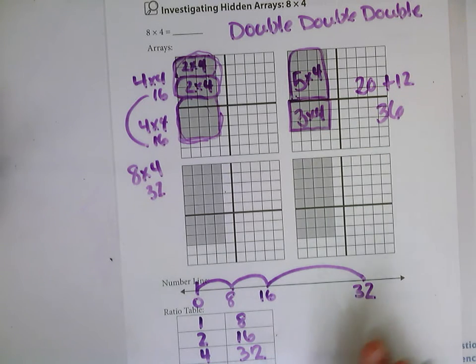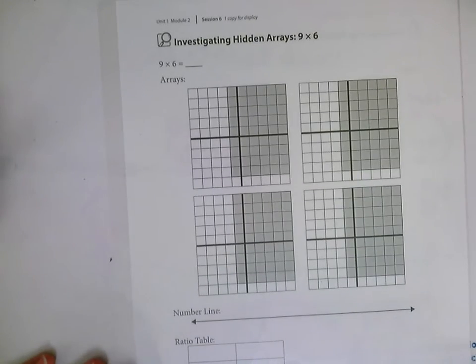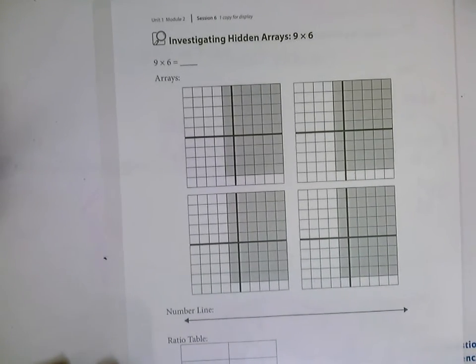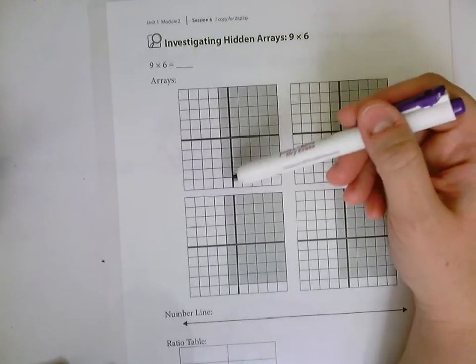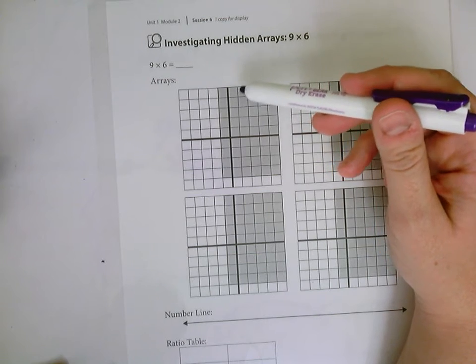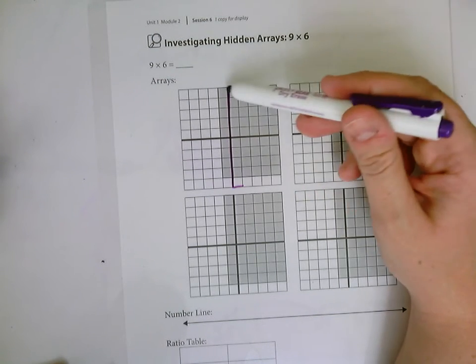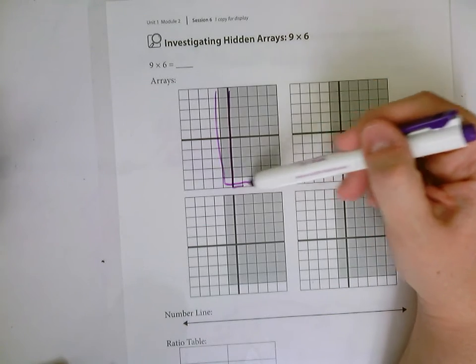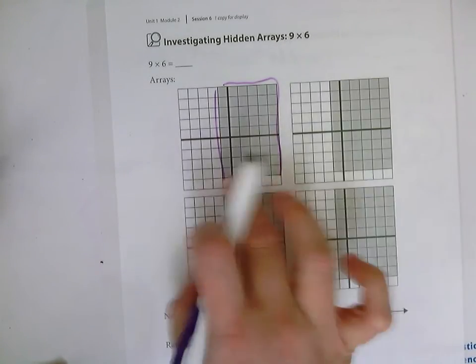All right, let's take a look at a strategy for 9s. 9 times 6. So here I have 9 rows and there's 6 in each row. I can see that I have almost a group of 10. Right here, this whole thing would be a group of 10 if I filled in up to there. But I don't. I have a group of 9, right?